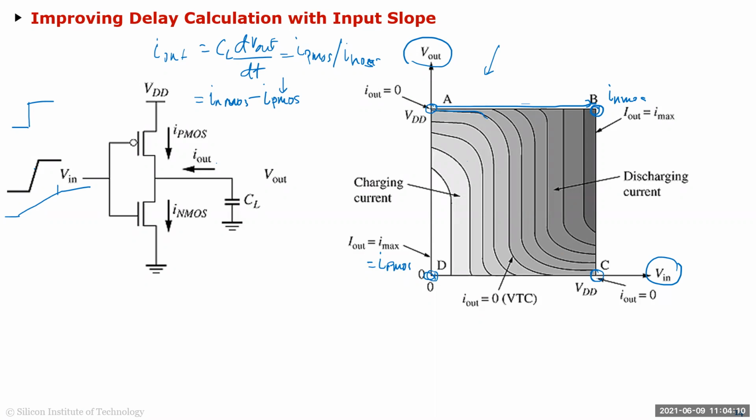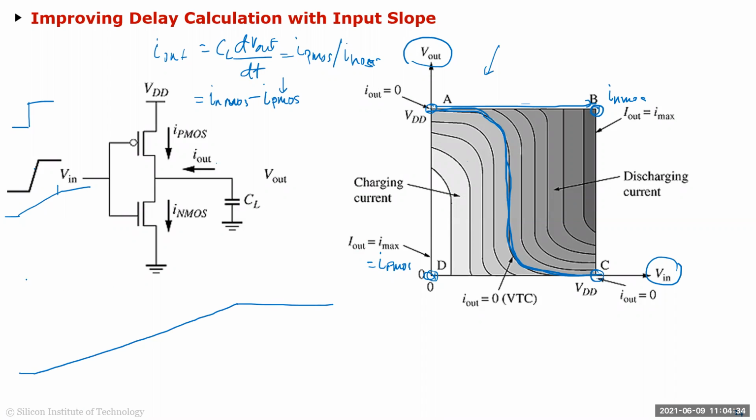also if you see this curve here, that's actually your VTC, right? If you're traversing this, your I out is always equal to 0. In other words, if your input is really slow, then your output is going to follow this curve.